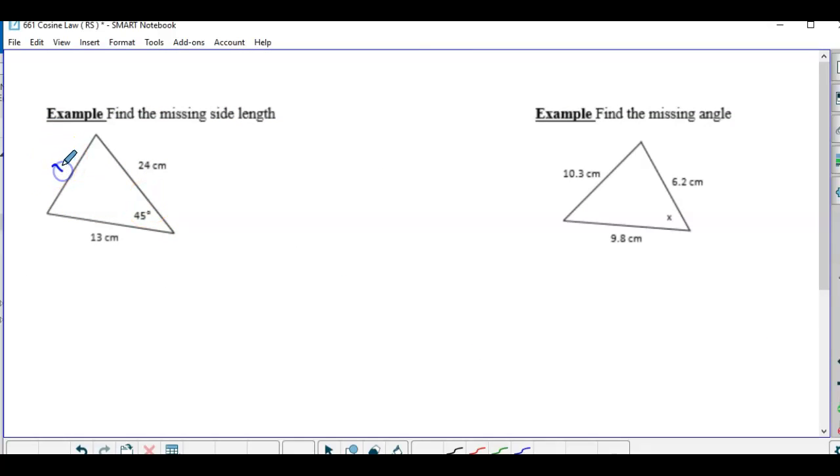So I'm going to call this x. Okay, so x is the missing side. If we're looking for a side, we're going to use this version of the cosine law.